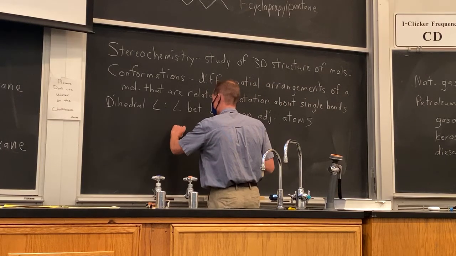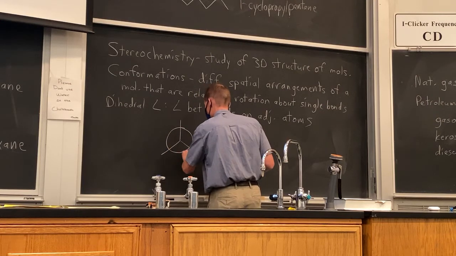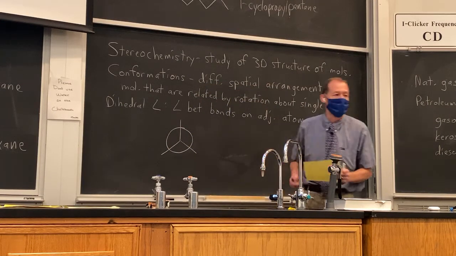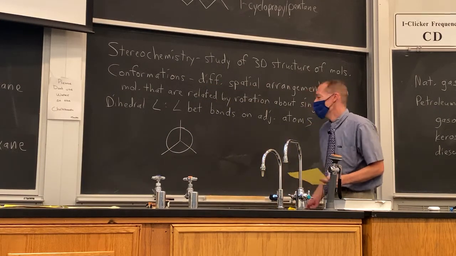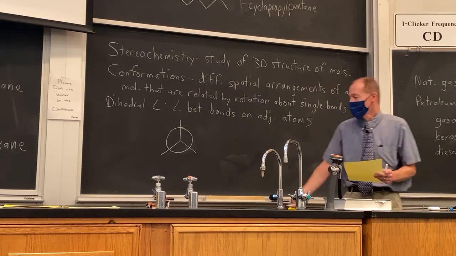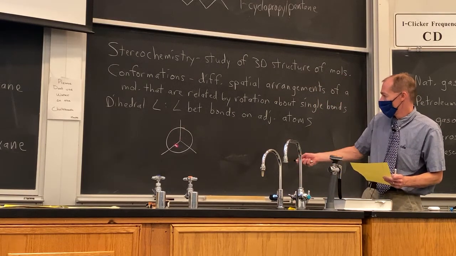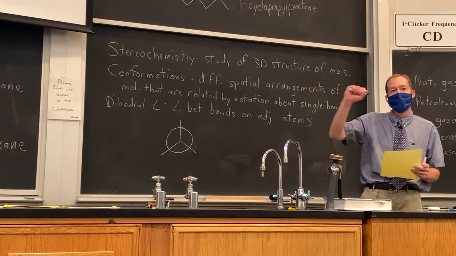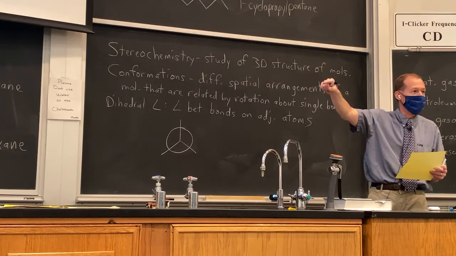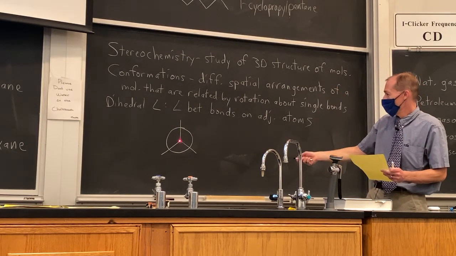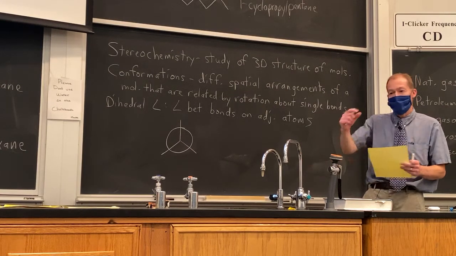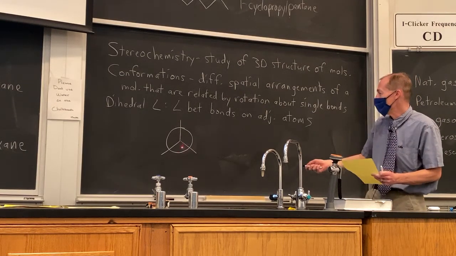The way that we draw looking down a carbon-carbon bond is known as a Newman projection. Okay? So what we have here is this big circle in the back. That's representing the atom that's furthest from your eye. And then this point right here is representing the atom that's closest to your eye.